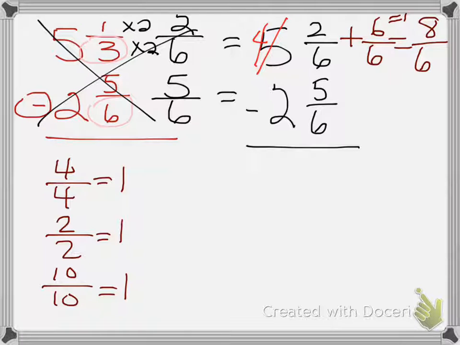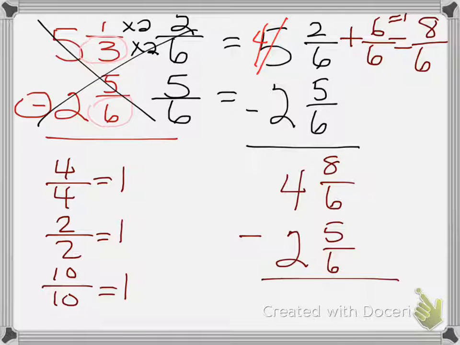And then I'm going to rewrite this again because it just keeps getting messier and messier. So my top number is now 4 and 8/6 minus 2 and 5/6. So I'm subtracting. I have 6 as my common denominator, and I'm good to go because the top number is now higher.